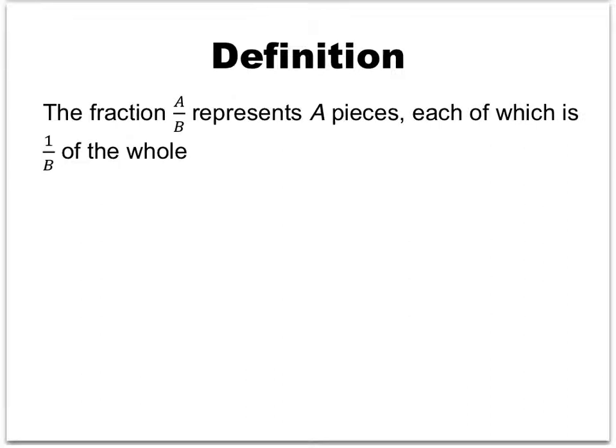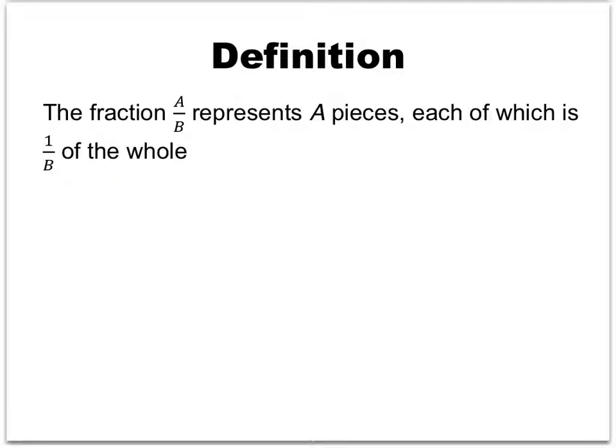Now let's go on to define a more general fraction. So the fraction a over b represents a pieces, each of which is 1 over b of the whole. And so when we talk about a general fraction, we're going to start off with dividing the whole into b pieces. Each one of those pieces is 1 over b.